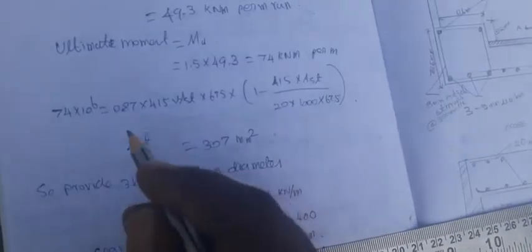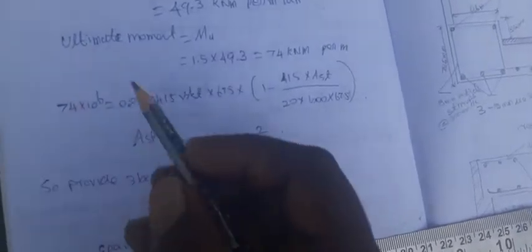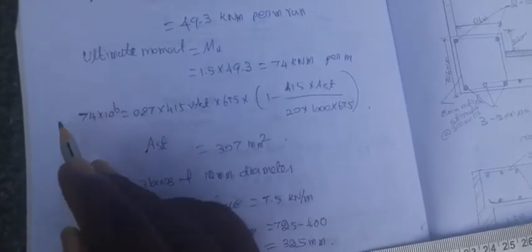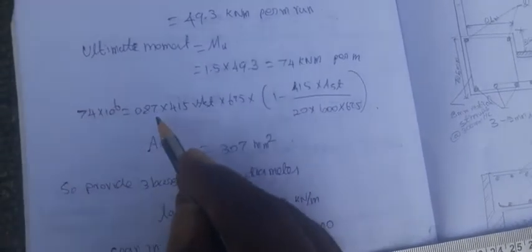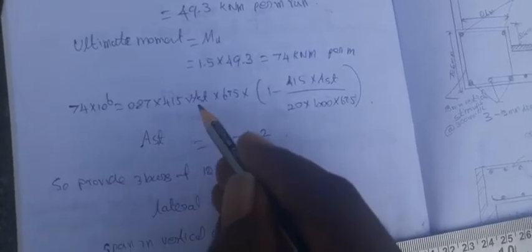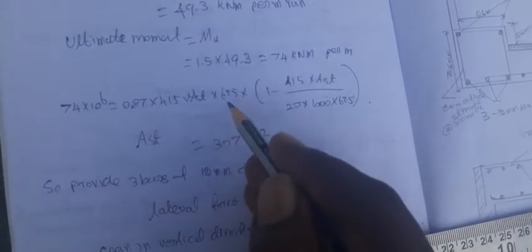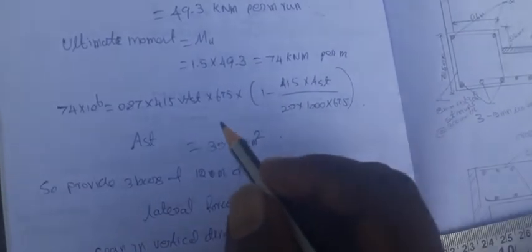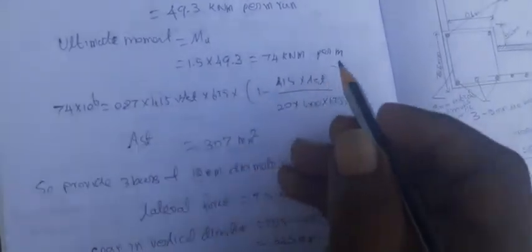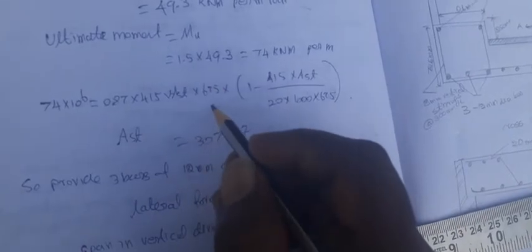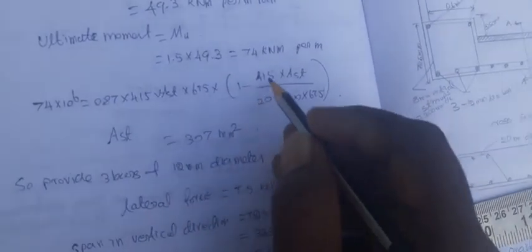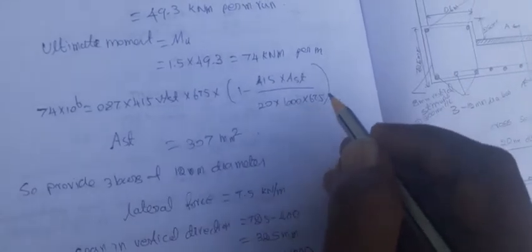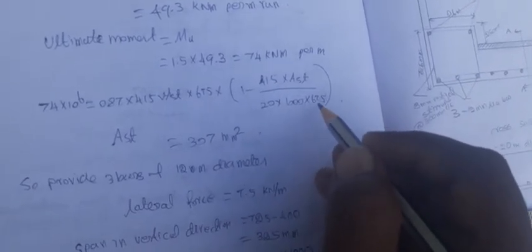Here I am putting all the values in this formula. 74.74 into 10 power 6 is the ultimate moment. 0.87 Fy 415 Ast, and the depth is 675 mm, that is 725 minus 50 effective cover reduction. Then 1 minus Fy Ast divided by fck 20, b is 1000, since we are considering per meter length, into depth 675.